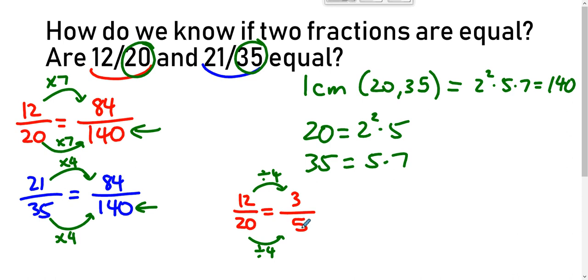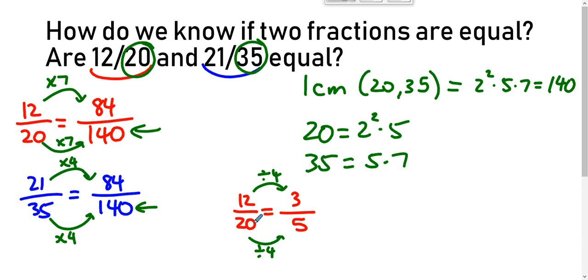Now, why does that make sense? Well, if we were to have little fraction strips that were 1/5 each, and little fraction strips that were 1/20 each, because 20 is 4 times as big as 5, it takes 4 times as many of these to equal one of those.